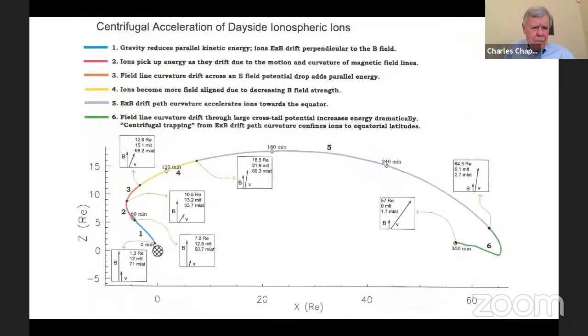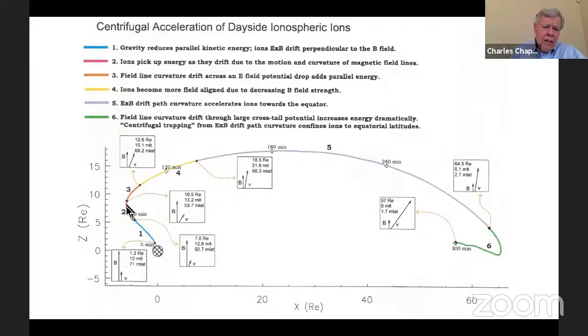This is an ion trajectory done by Matthew Huddleston in his PhD thesis, looking at Polar data, the thermal ion dynamics experiment data on Polar, and modeling the trajectories. Work on this was also done by Jim Horowitz and several others, John Cladis. It shows that as an ion leaves the ionosphere, with the sun to the left on the dayside, this is a polar wind ion moving out at a few eV.